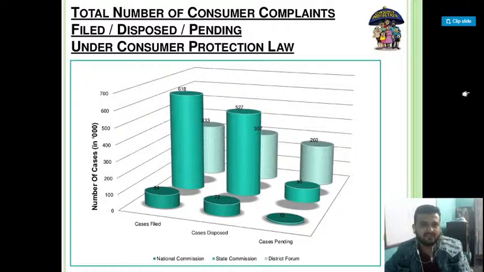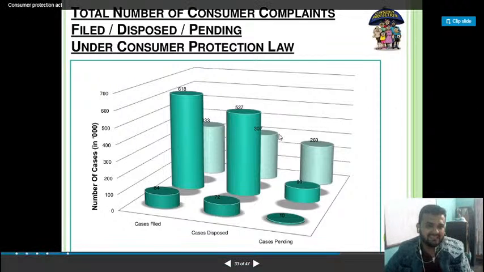Yeah. Okay. So these are not that important. As we see in India, the total number of consumer complaints, just for your knowledge, total cases filed is 618, cases disposed is 527, and 90 cases are still pending. Okay.